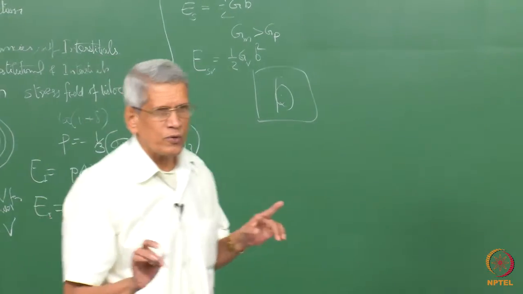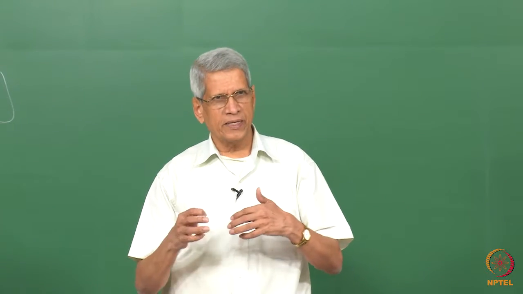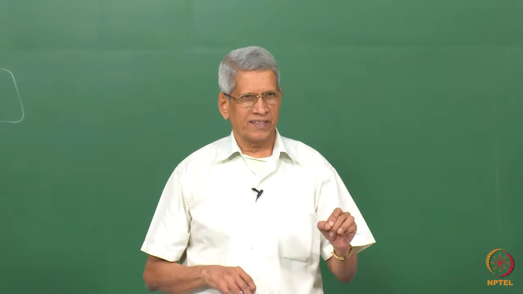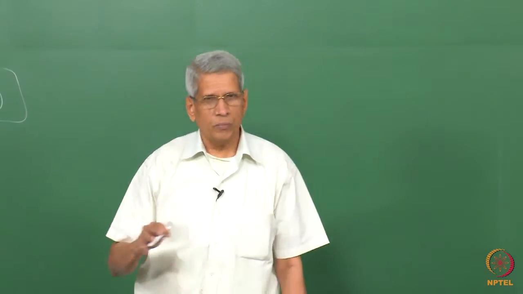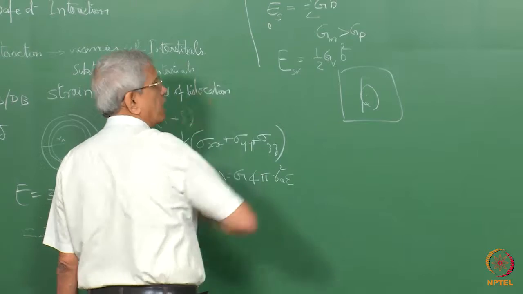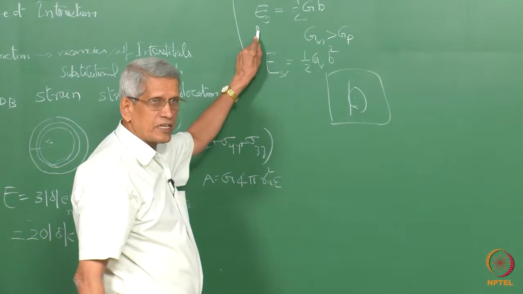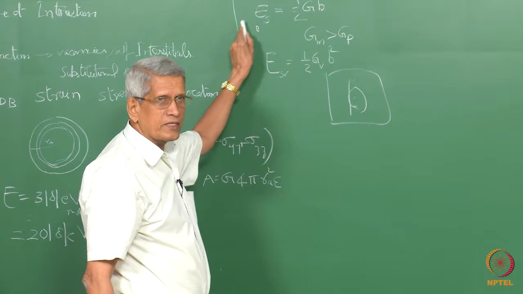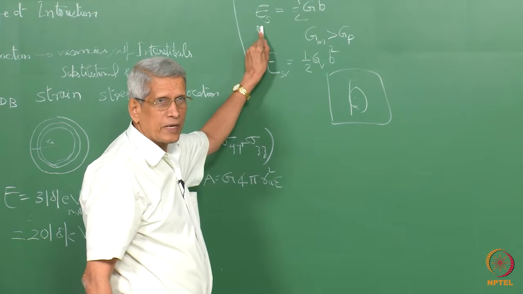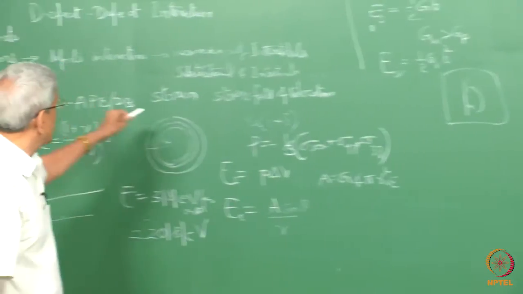So modulus also gives one more interaction. All the interaction energies will be acting at different length scales, at different positions. Suppose this is where we have the defect which is present. Depending upon this distance, the interaction energy will change.